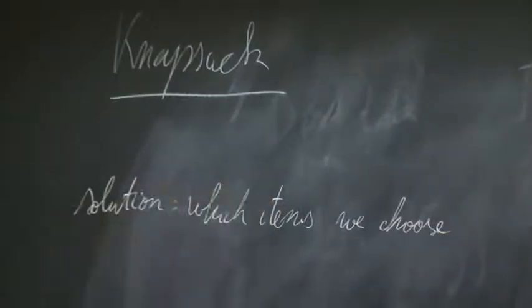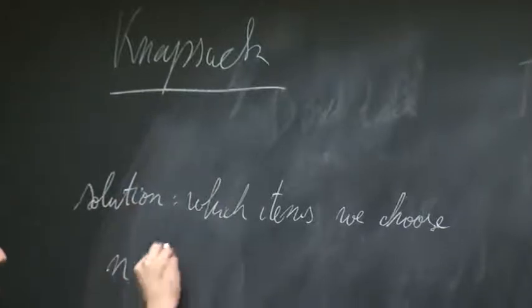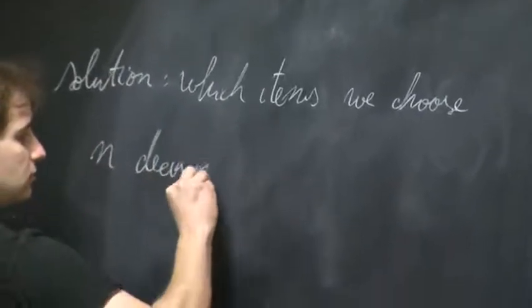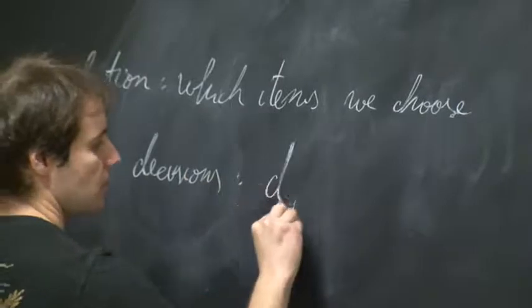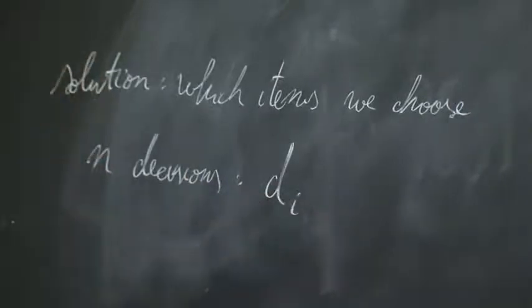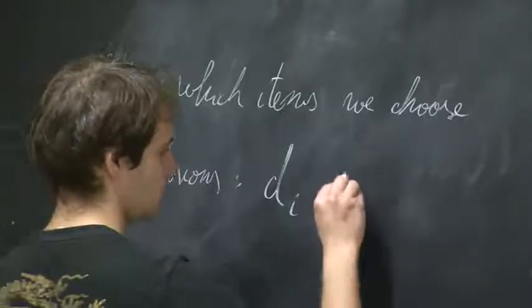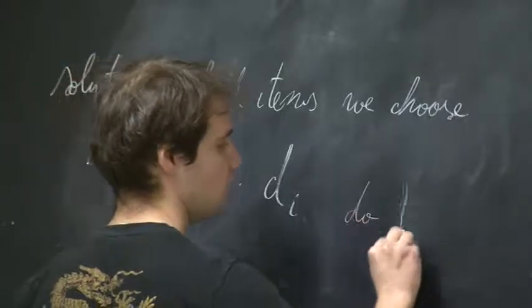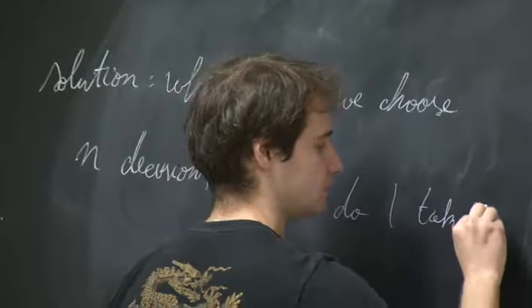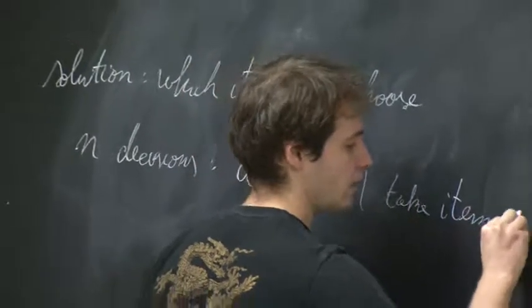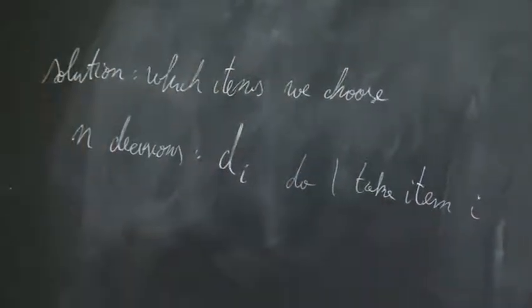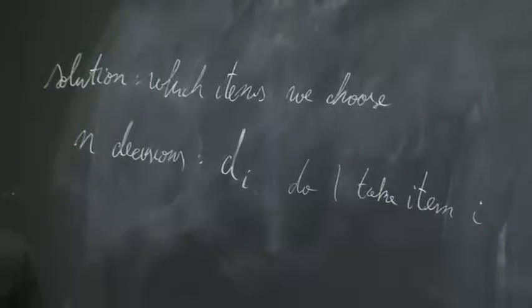So we can phrase this as n decisions. Each decision is a true-false decision, and it indicates if you take that item with you or not. So D_i says, do I take item i? Now this looks more like a game. You're on a TV game show, and you get asked n questions.